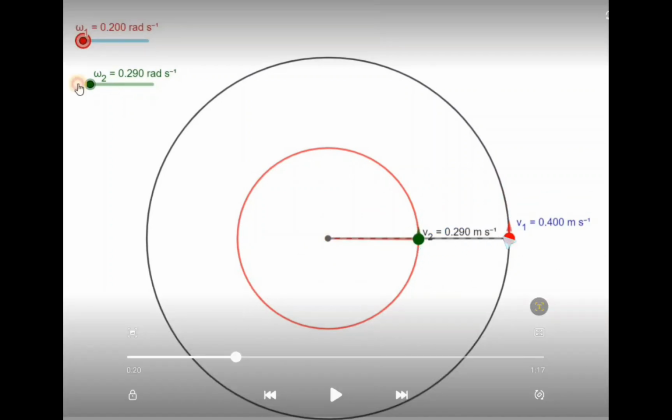If we set both particles to have the same angular velocity, equal to 0.2 rad per second, let's see what's going to happen here.